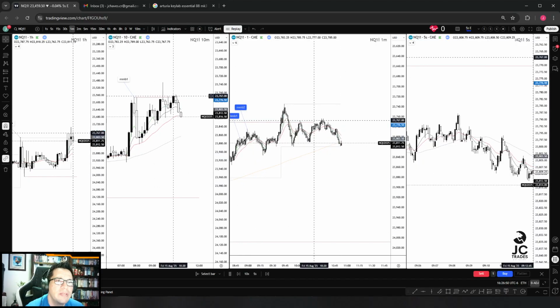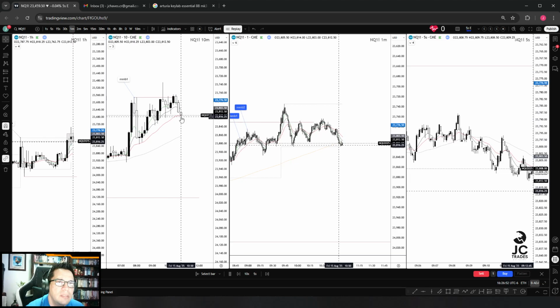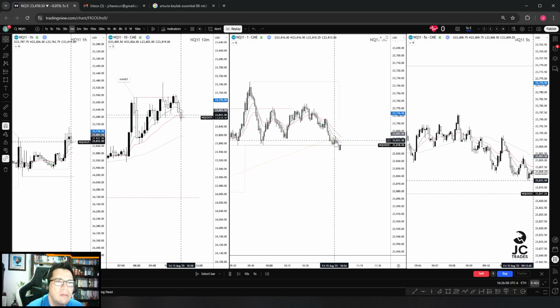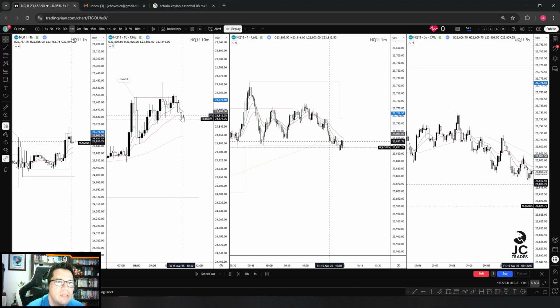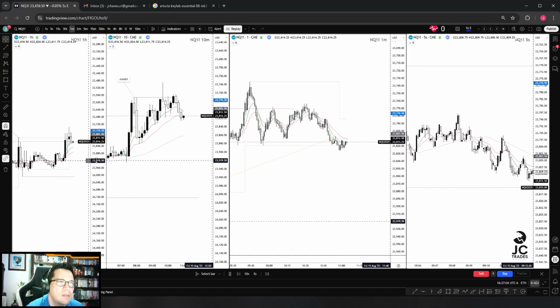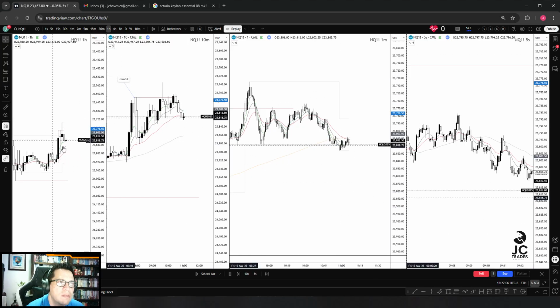In this case, price comes as we were expecting here to the 20 to test the 20. Now we have to wait to see if there's going to be a buildup here, or if instead it's still going to go for a deeper flush here on the C2 time frame.